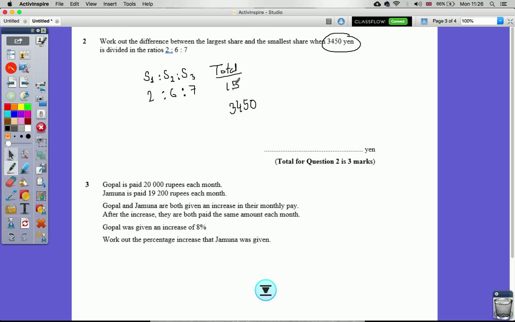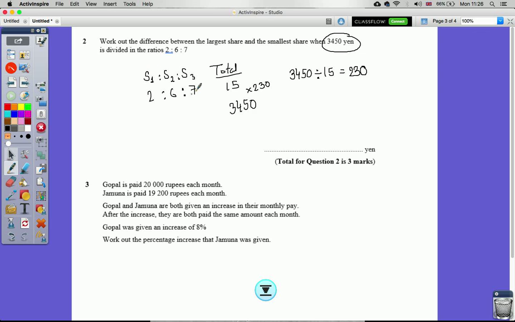So what did I multiply 15 by to get 3,450? To work that out, I will do 3,450 divided by 15, which will give me, okay, 15 goes into 34 twice, remainder 4, 15 goes into 45 3 times, remainder 0, 15 goes into 0, 0 times. So 230. You multiplied that by 230.